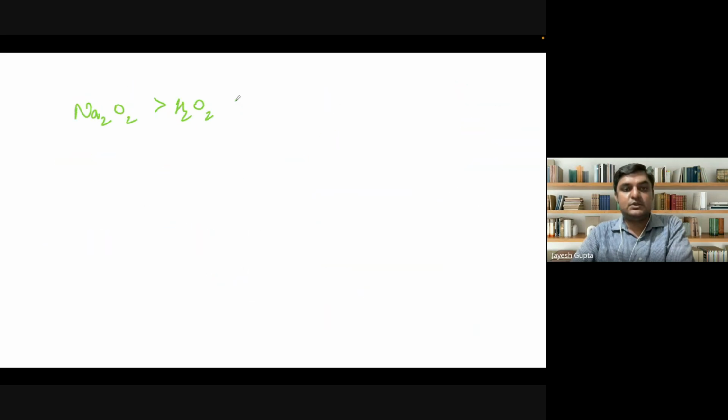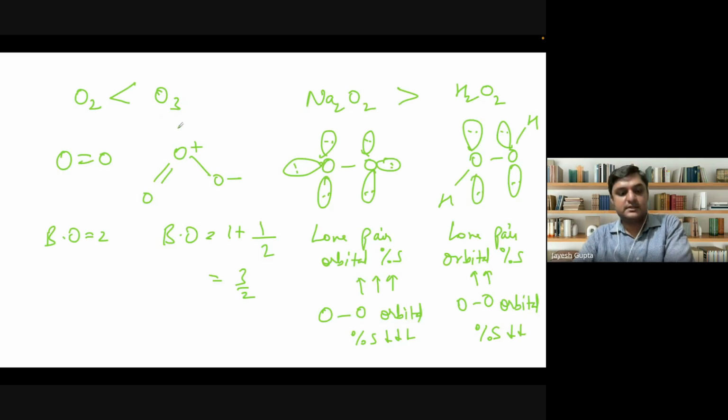And these two are greater than these two because the bond order here is 1 and 1, here 3 by 2, here 2. So 2 is the least bond order, 3 by 2 in between, and these two are 1 and 1. So this is understood; I have taken this example with lone pairs. Previously the electronegative atom's percentage character decreased; here the lone pair's percentage character increased.